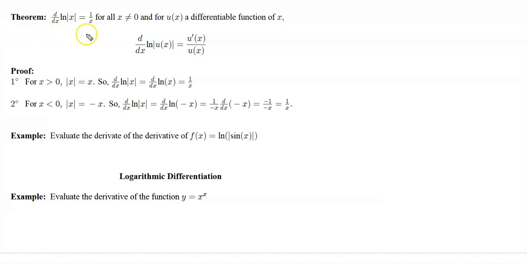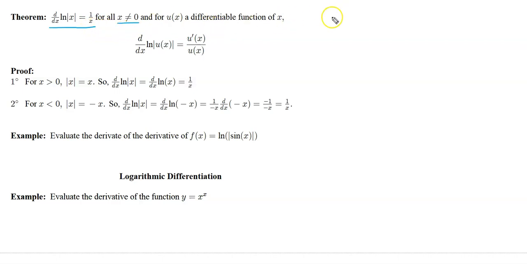Now let's take a look at a few more results related to logarithmic differentiation. So let's consider this theorem. It states that the derivative of the natural log of the absolute value of x is 1 over x, and that's true for all x not equal to 0. So in other words, this result holds for all x values that are either positive or negative.